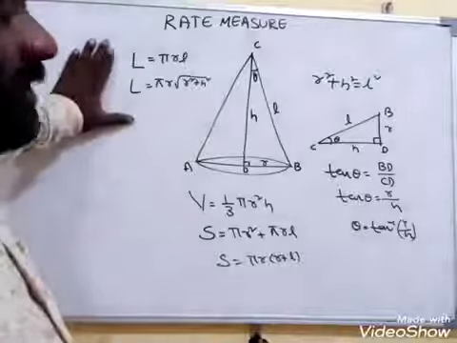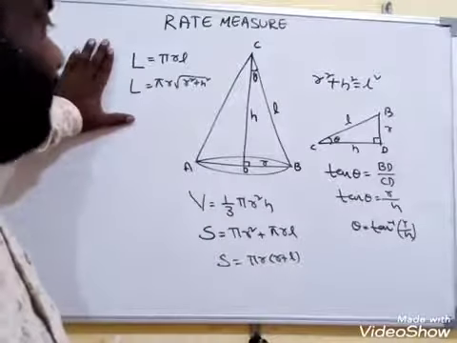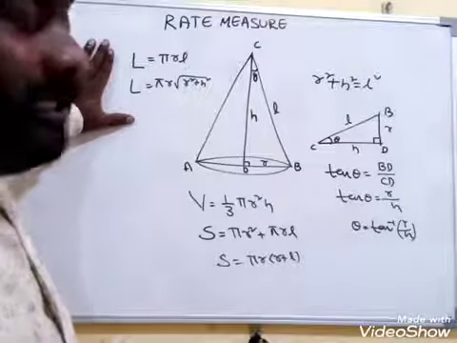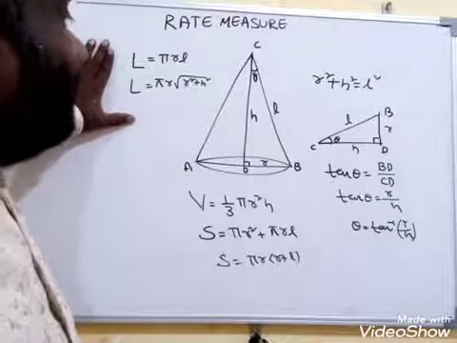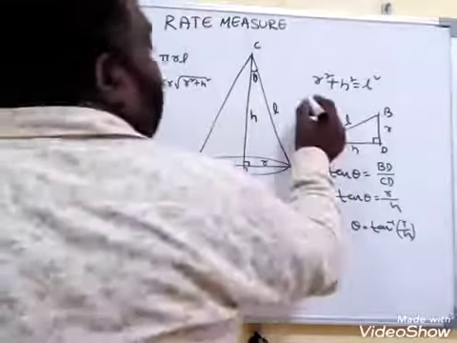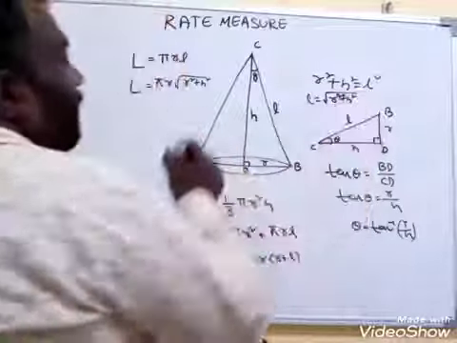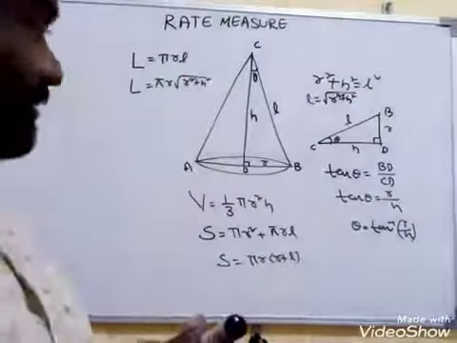Further, capital L is called the lateral surface area. Therefore, capital L is equal to pi r l, and l is equal to root of r square plus h square. You can replace l by root of r square plus h square.